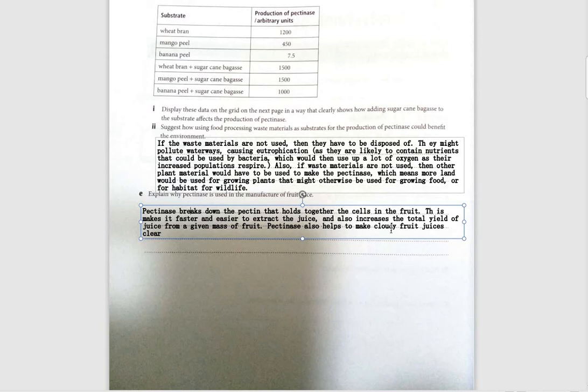So there are actually 3 reasons why pectinase is used in the manufacture of fruit juice. Normally when you make fruit juices at home, it's usually very cloudy. It's very thick.